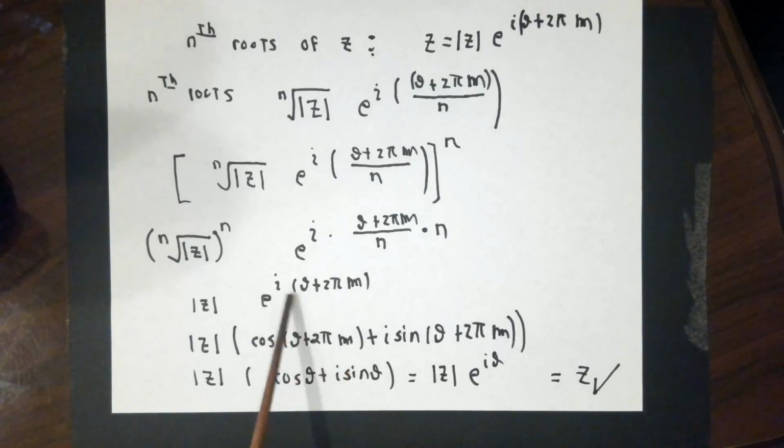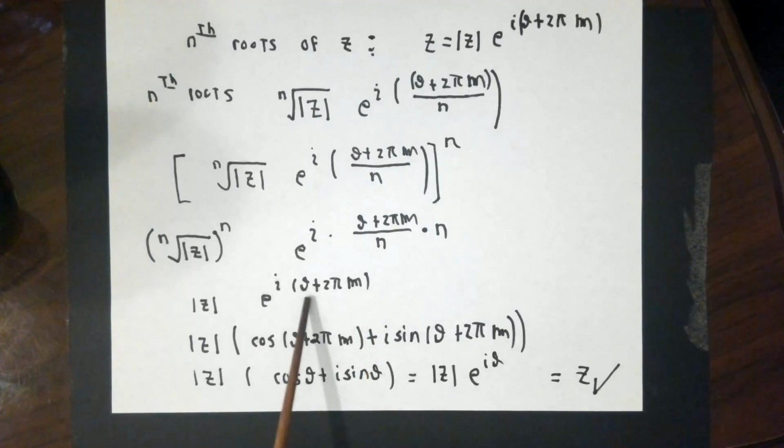Now, this looks like it's not right, but remember the definition of this e to the i times something symbol is cosine of the something plus i sine of the something. So I can write it in this format. Cosine and sine both have period 2 pi, so this angle is theta plus a whole number of full circles that has the same terminal point as theta did. Cosine of this is cosine theta, and likewise for sine.